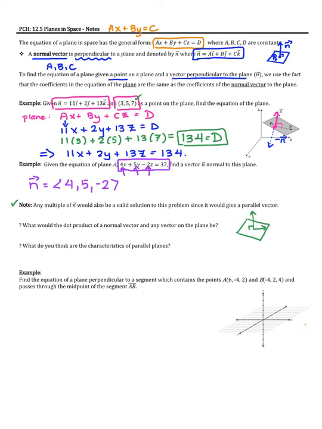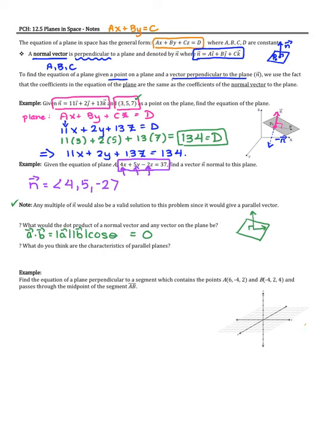Well, remember the dot product by definition, good review problem, is the magnitude of A times the magnitude of B times the cosine of the angle between them. And since cosine of 90 is 0, those two vectors would have a dot product of 0. That's going to be important later on.